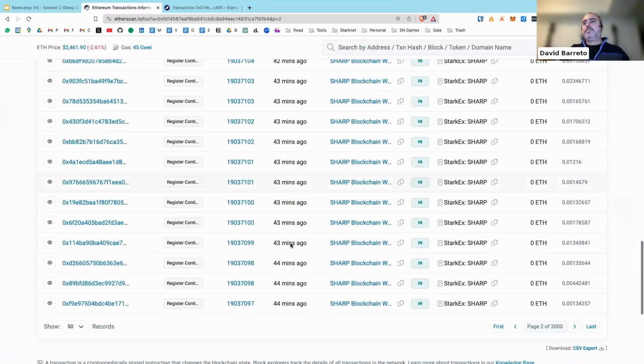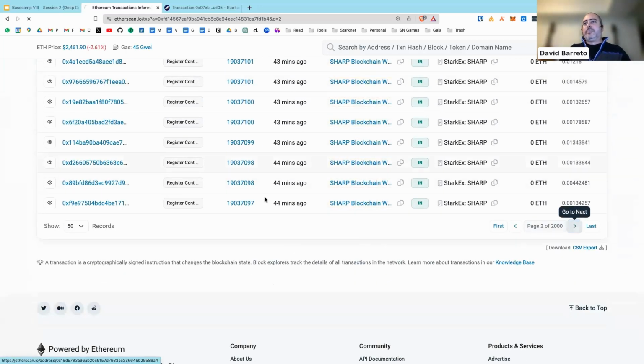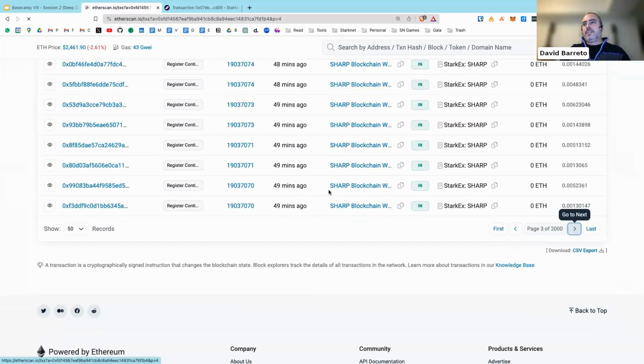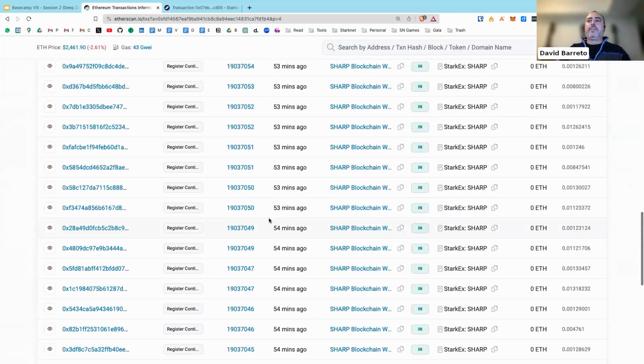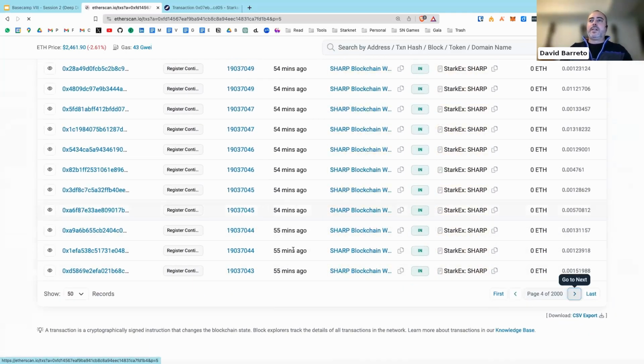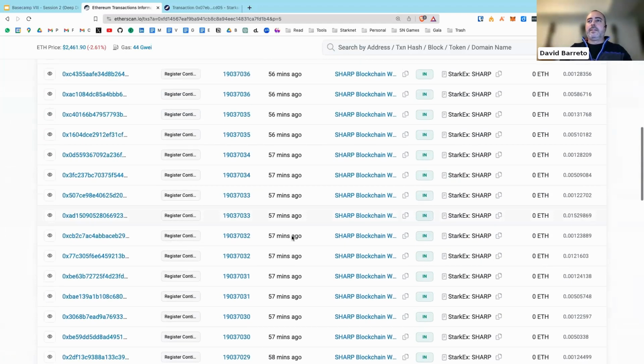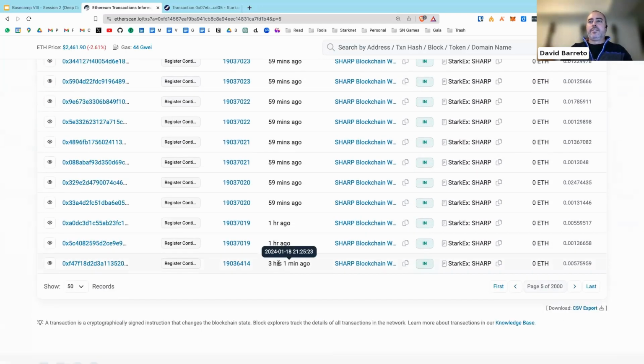It's still the same validity proof. It's a lot of transactions. You will see when is the previous validity proof because there's going to be a jump in the time. Anyway, here, this is the beginning of the first or the last transaction of data availability for the previous validity proof.